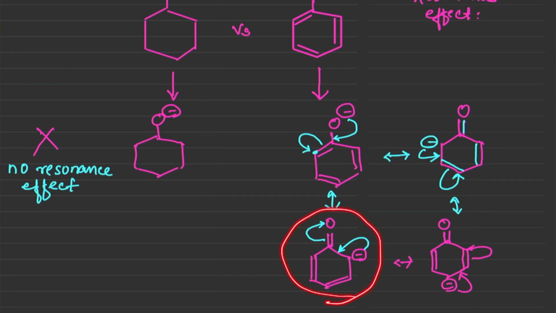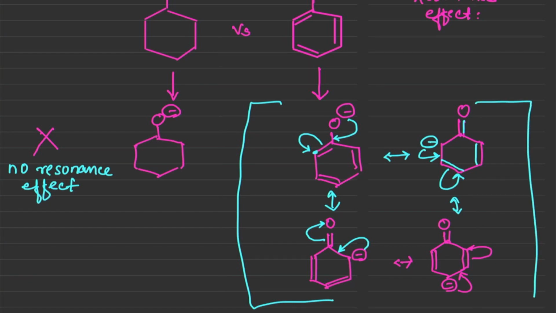If we do this, we get the structure where we started. This is called the resonance effect, where these are all resonance contributing structures. The more structures you can draw, the more stable that negative charge is. This is what gives stability to our conjugate base.